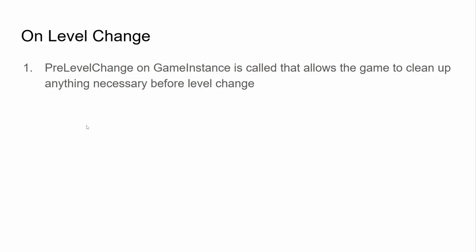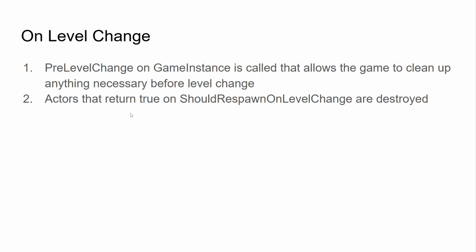But when you change level as an optimization, it doesn't save them, and instead destroys all of them and makes the file size a little bit smaller. At this point, I also destroy all of the explosive barrels and stuff like that, even if they have not been destroyed, just to optimize the save file size a little bit more, and because they will be respawned by the system anyway.